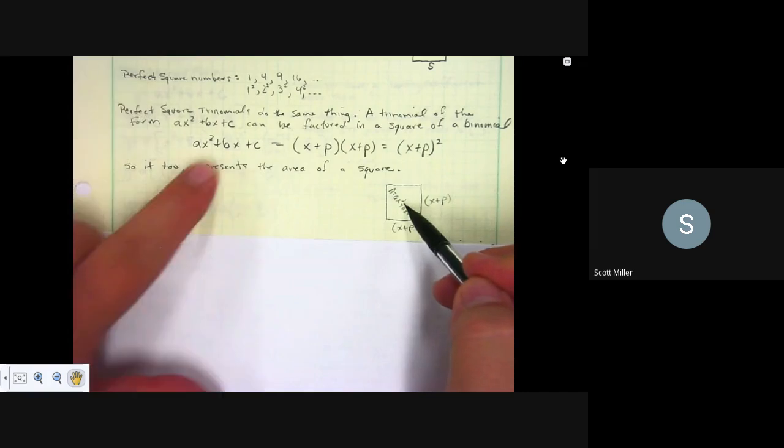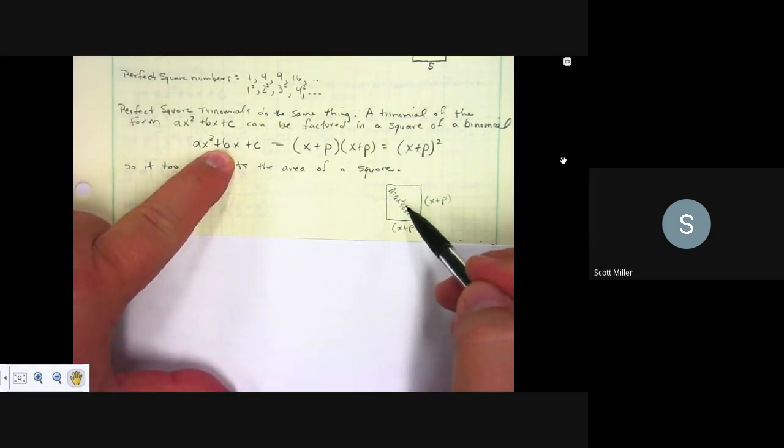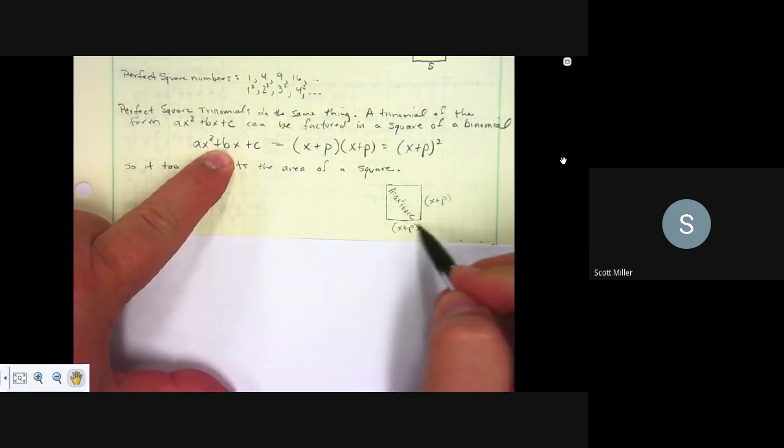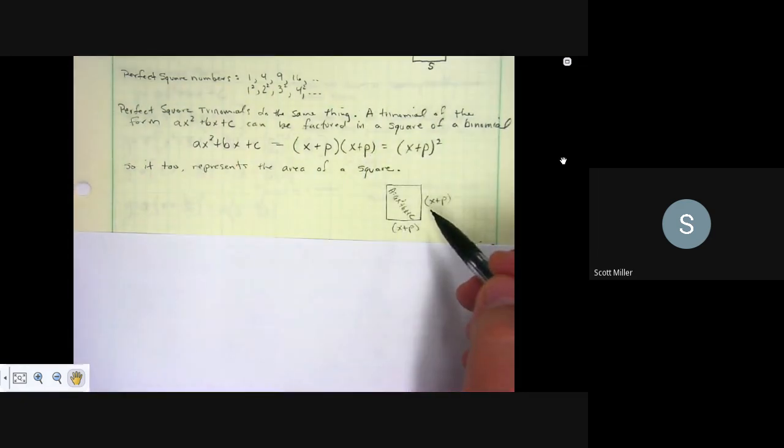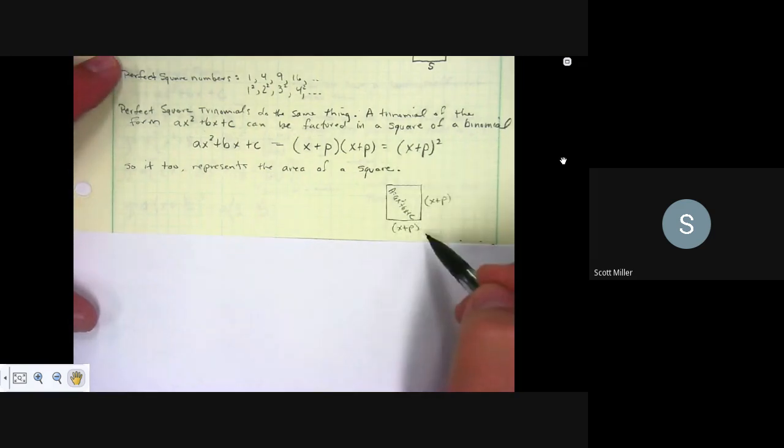If I have a square, the area of the square is this polynomial right here, and the side lengths are x plus p. That's what we end up getting there. Okay, so this is how we are going to work and complete this square process and this understanding.